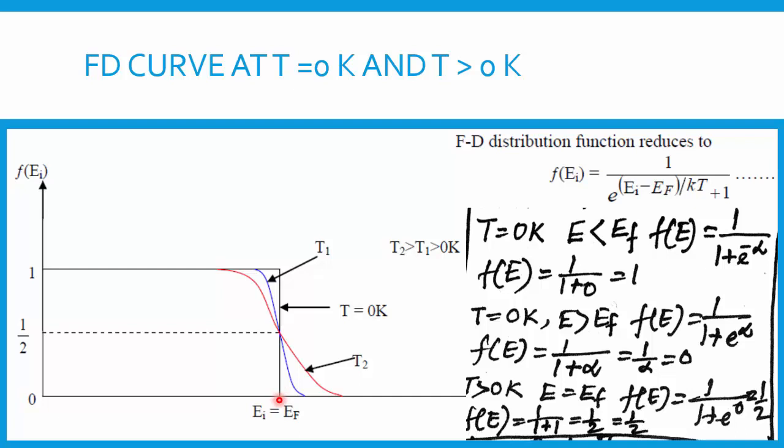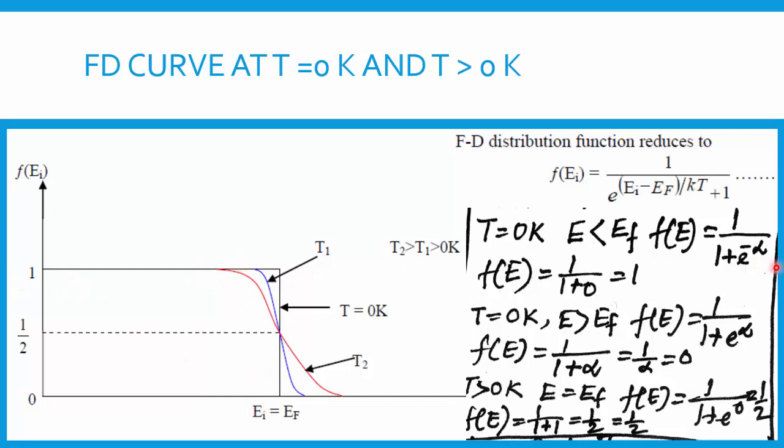When I say T equal to 0 Kelvin and energy less than EF, it means all the energy levels to the left of EF, this part. So what is the value of the distribution function, the Fermi function, for the left part of EF? All the values are 1.